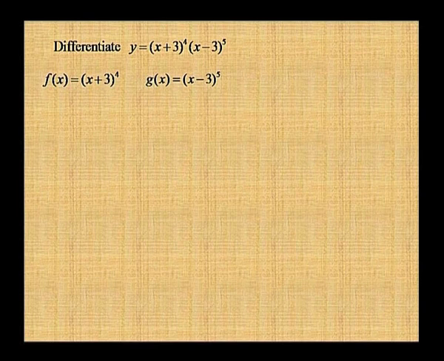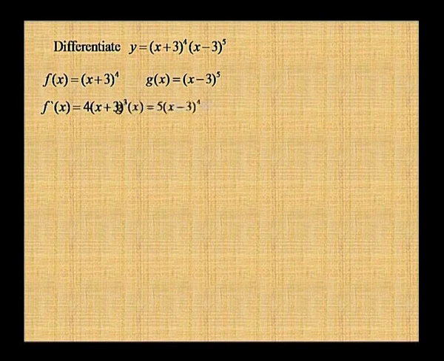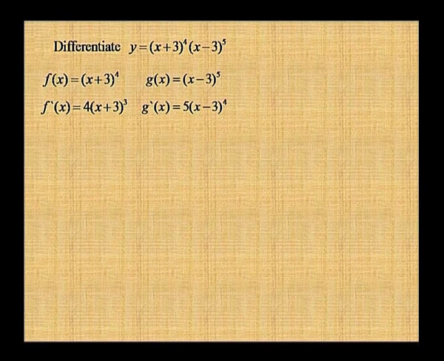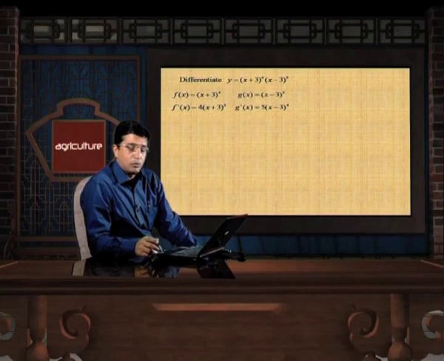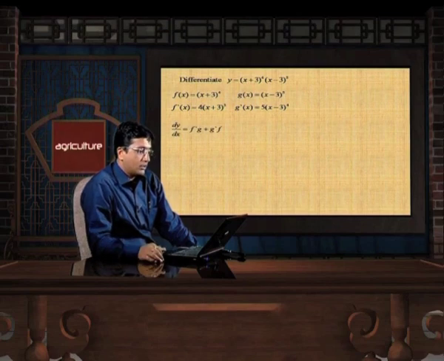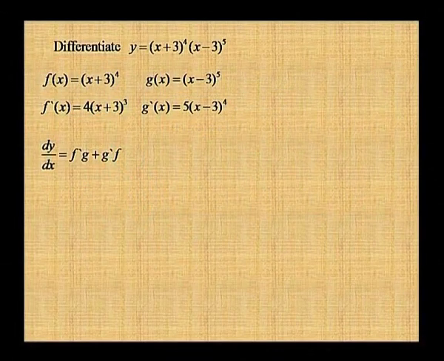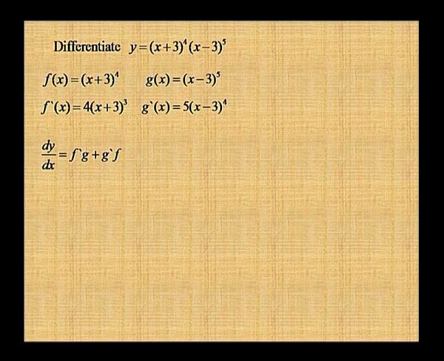Their derivatives are f dash x equals 4 (x + 3) to the power 3, and g dash x equals 5 (x - 3) to the power 4, using the power rule n minus 1. Now the product rule in Leibniz notation is dy by dx equals f dash g plus g dash f.